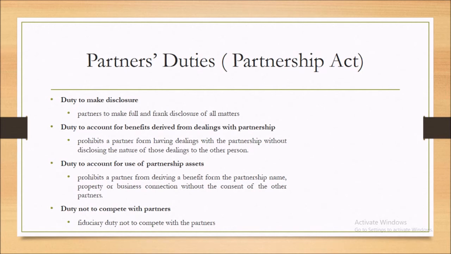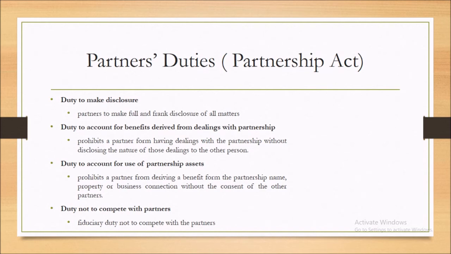Then the duty to account for use of partnership assets, right? This prohibits a partner from deriving a benefit from the partnership name, property or business connection without the consent of the other partner. If you are a partner, you cannot use the organizational assets, brand name, or one of the properties you have, to make personal business dealings.